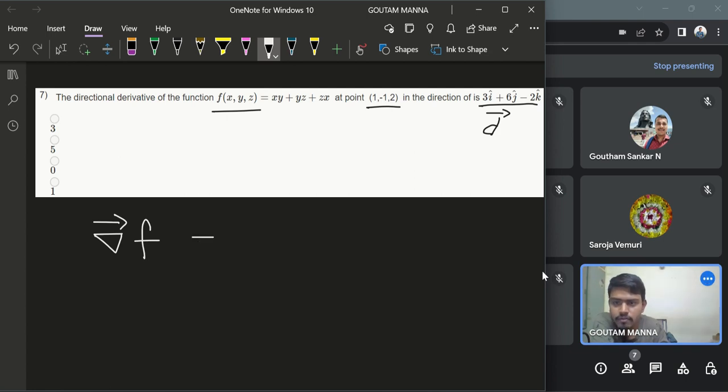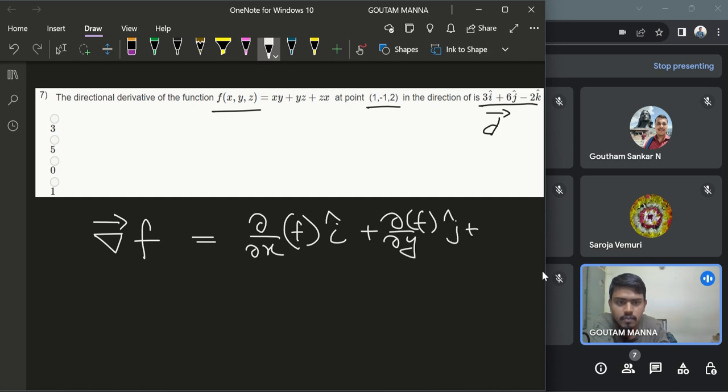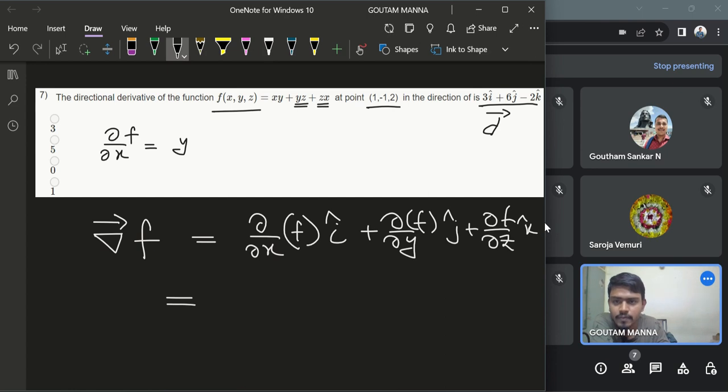So grad of f will be del x of f i hat plus del y of f j cap plus del z of f k cap. So del x of f: the first term gives y, the second term is 0, and the third term gives z. So y plus z.